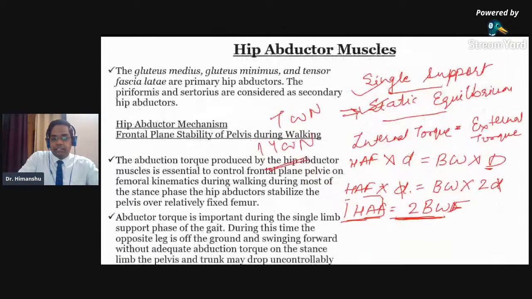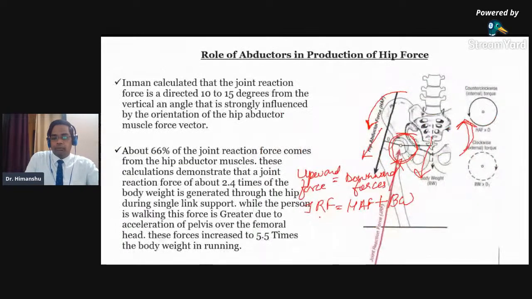In the previous slide, we knew that hip abductor force is equal to twice the body weight. So can I put the same value here? So JRF, or the joint reaction force, is equal to twice body weight plus body weight. So the joint reaction force here comes out to be thrice the body weight.